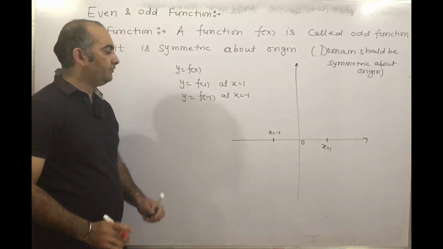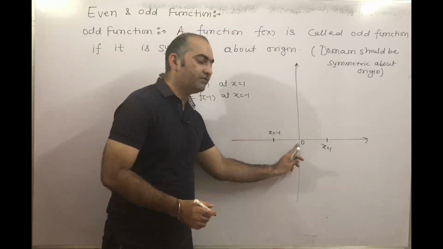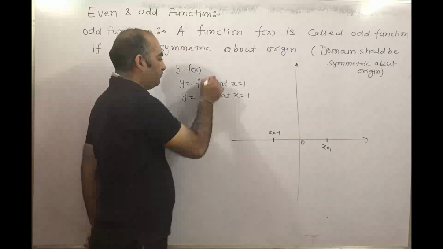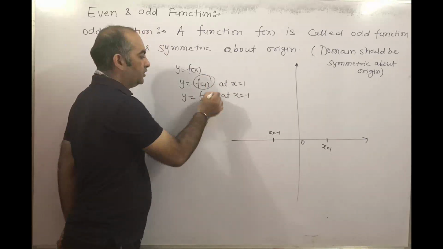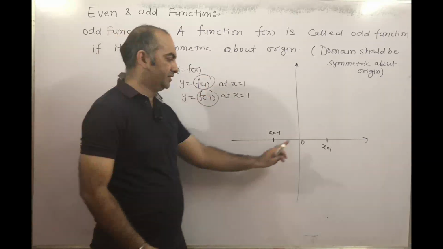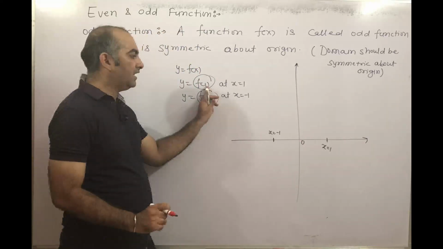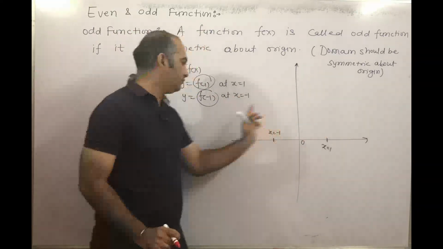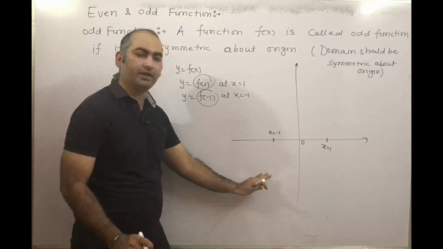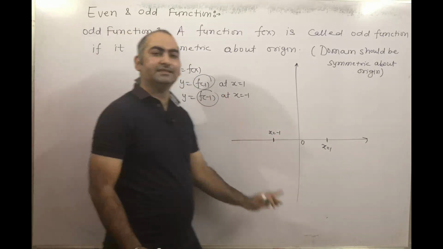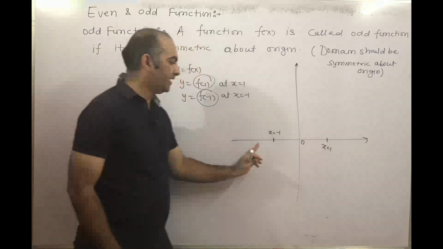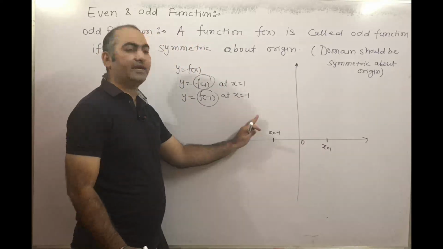So if function is symmetric about origin, what we can say? This value f(1) and f(-1) should be symmetric about origin. What is the meaning of symmetry here? If f(1) lies in first quadrant, then f(-1) must lie in third quadrant, or if f(1) lies in fourth quadrant, then f(-1) will lie in second quadrant.